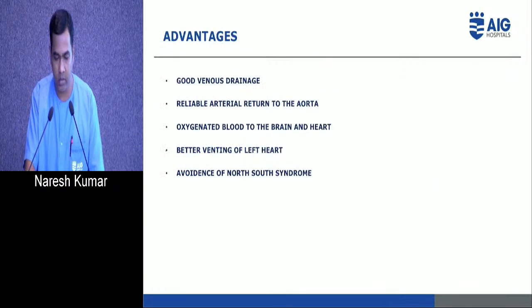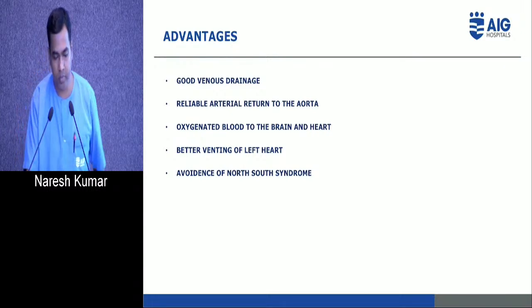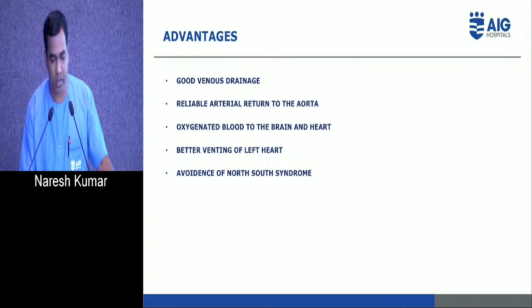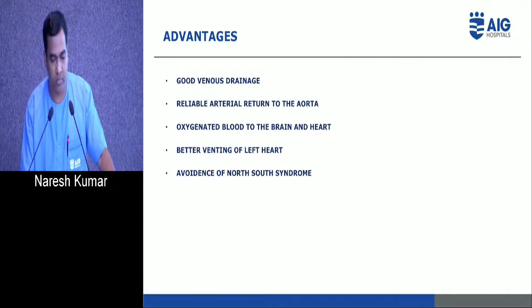It has better advantages compared to peripheral ECMO in terms of good venous drainage and reliable arterial return to the aorta. The risk of north-south syndrome is very low, because we are delivering oxygenated blood directly into the aorta, and better venting of the heart can be done.